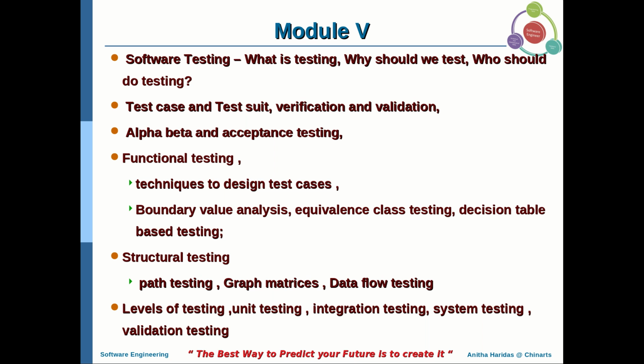Then the very important topic is the software development life cycle, which we discussed in module 1. We have discussed the different software development life cycle models, the advantages and disadvantages of each and every model, and which is the very effective model for software development.